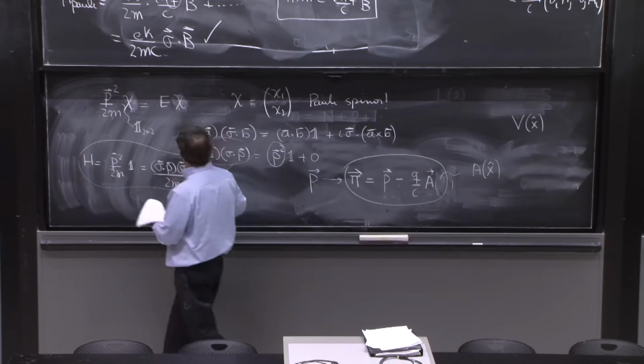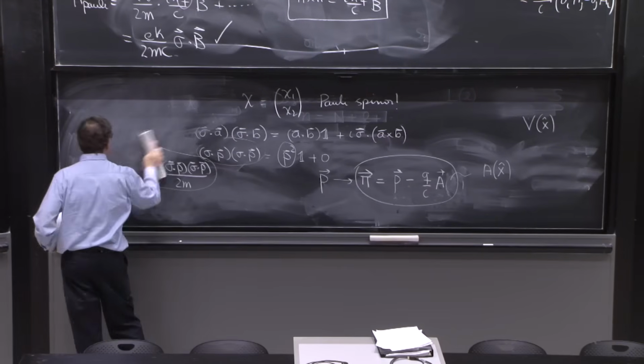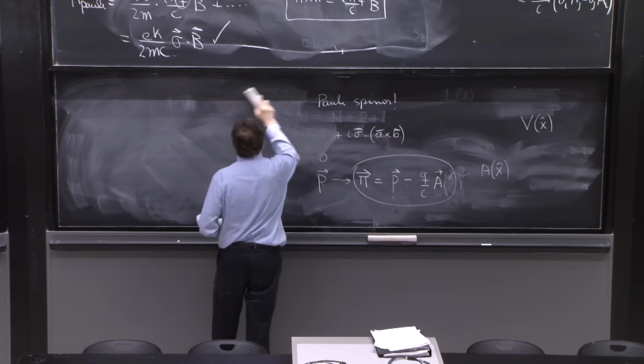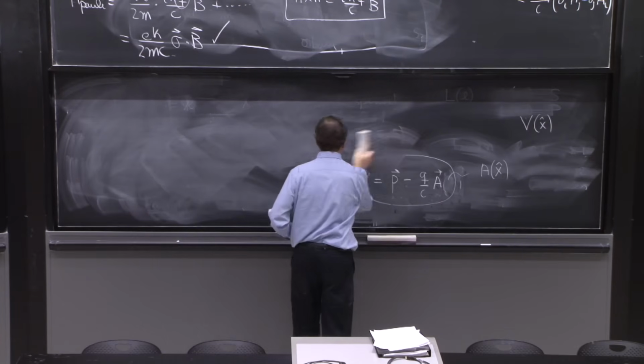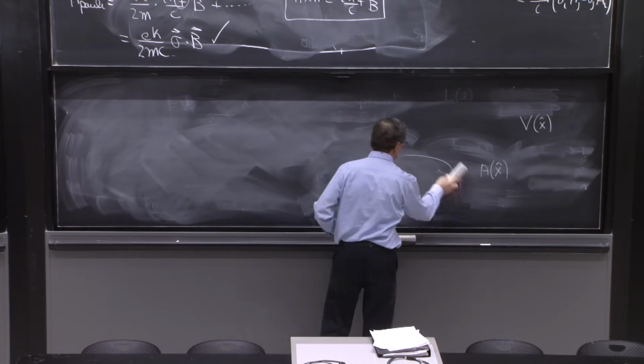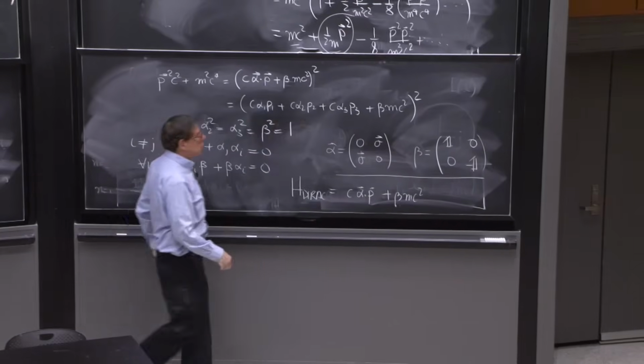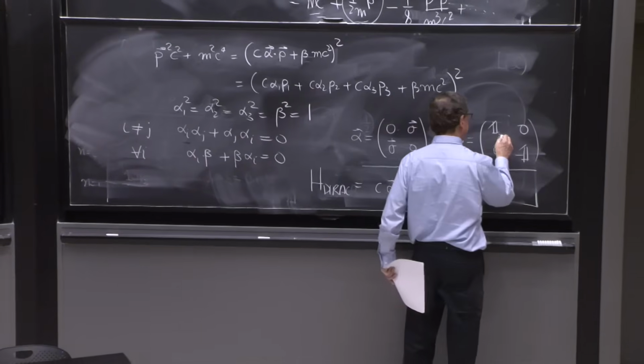But we need to deal with spinors that now are 4-dimensional. These matrices, alpha and beta, are 4-dimensional because the sigmas that are inside are 2-dimensional. And these are 2x2 matrices.